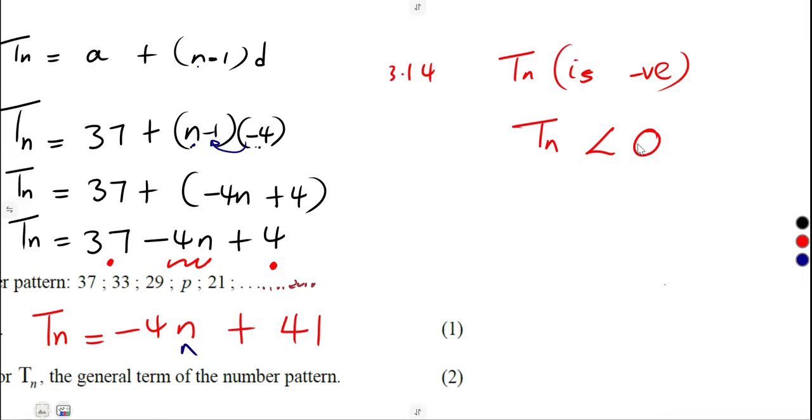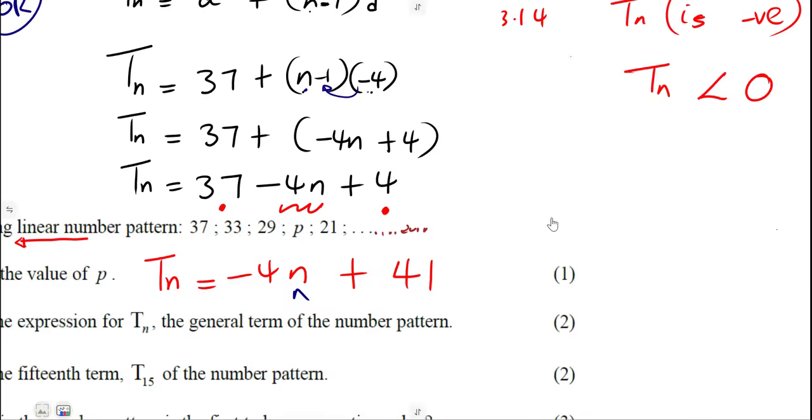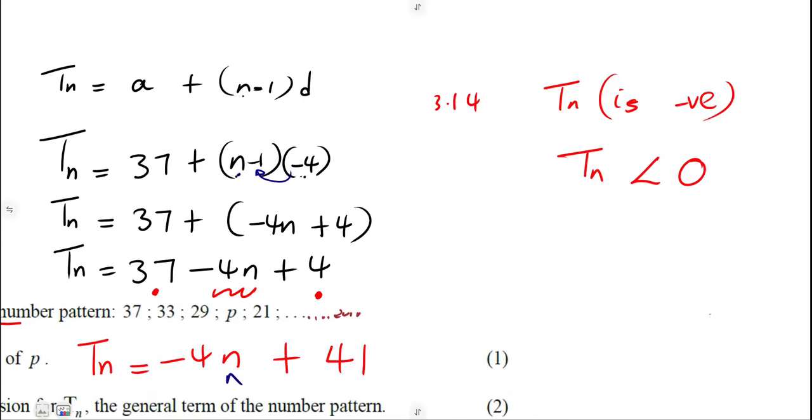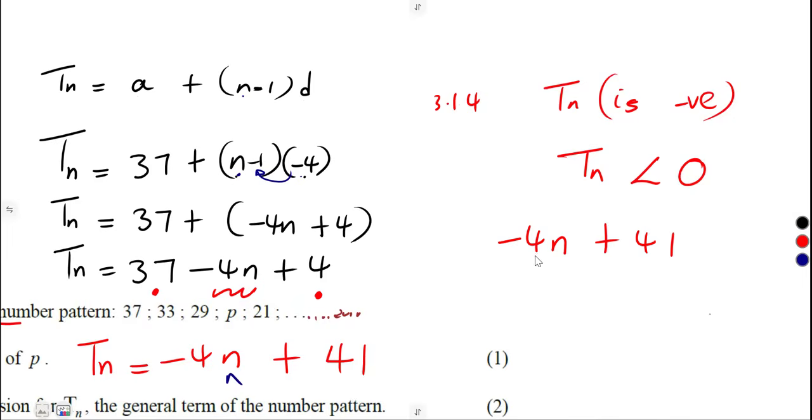So this type of problem is not an equation, it's an inequality. Values that are less than 0, those are the ones that are negative. So we just take our Tn as it is, -4n plus 41. For any value of n that you substitute, you must get a negative.